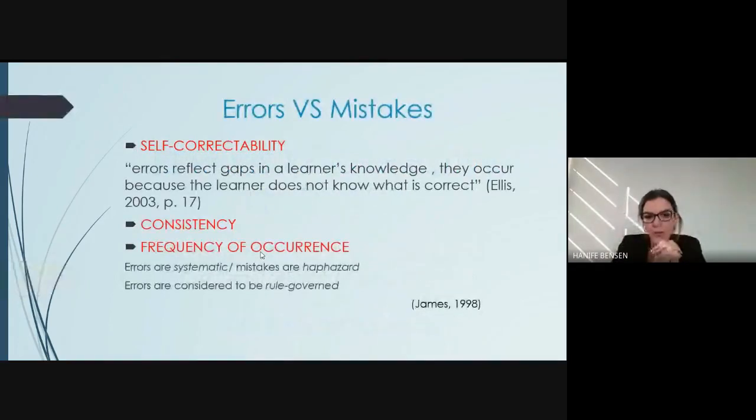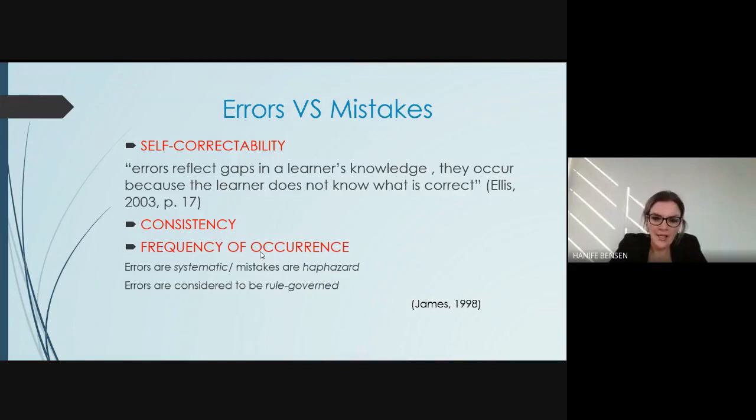So if we are able to self-correct ourselves, then this terminology is called mistake. Now, we use the terms errors and mistakes interchangeably. However, they are actually very different in the English as a foreign language context.